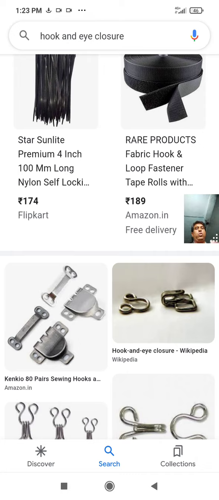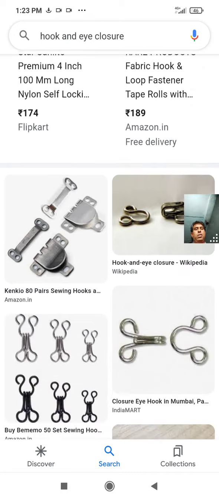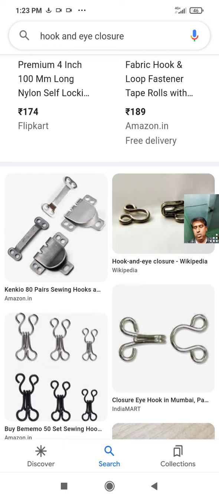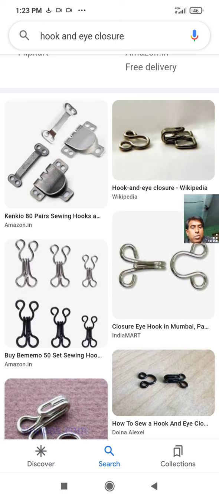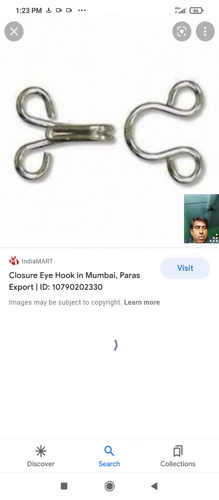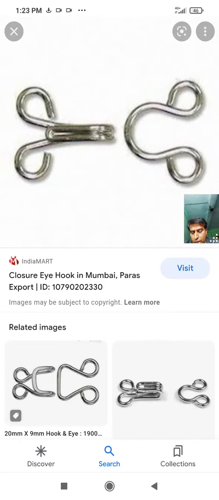So this is the hook and eye closure. Thank you very much to the internet. I have learned this. So this is hook and eye closure. So this is one kind of thing that is observed.